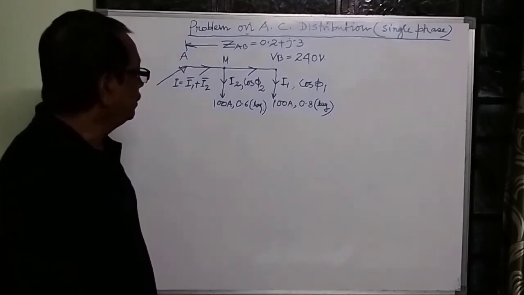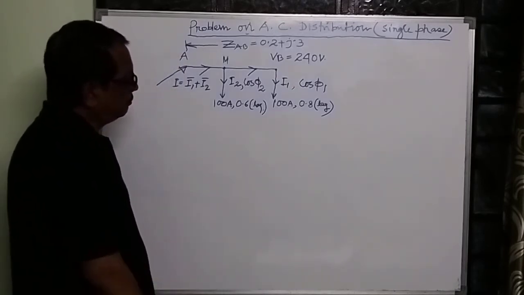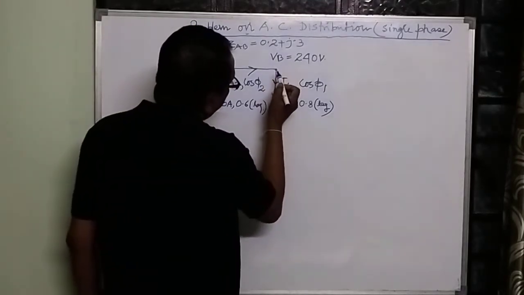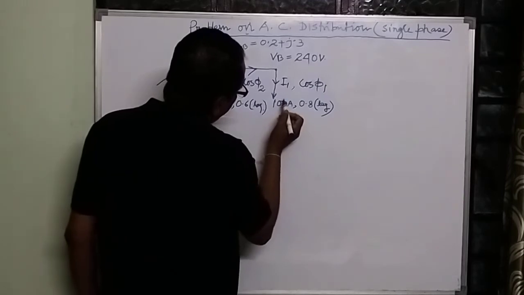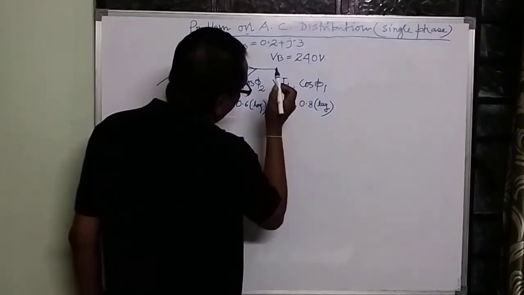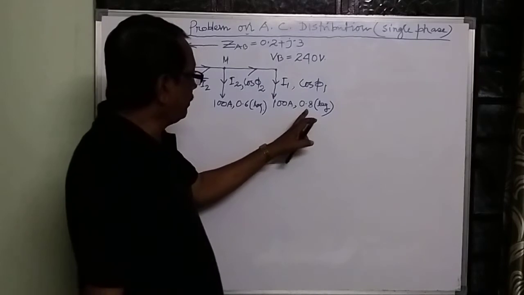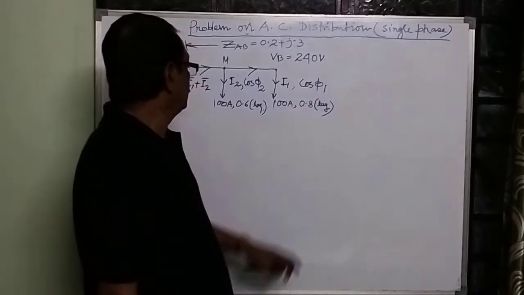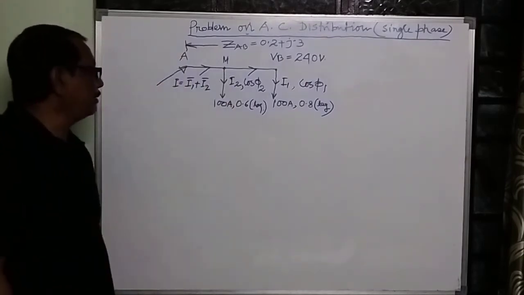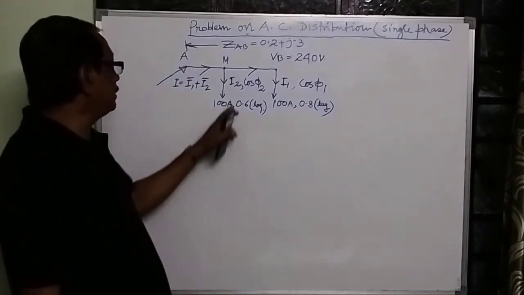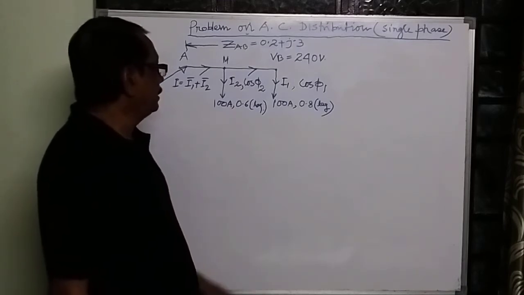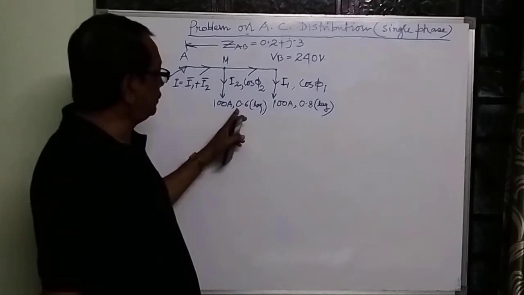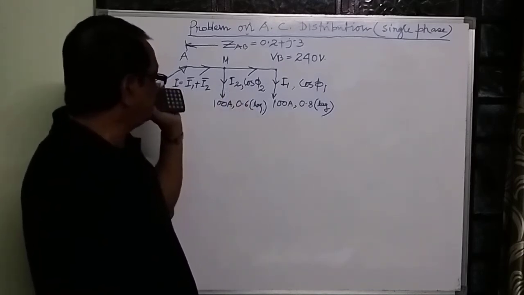According to abbreviation, the current at B I am writing as I1 and the power factor as cos phi 1. And at the end point, the current is I2, that is 100 ampere, and cos phi 2, that is 0.6 lagging.